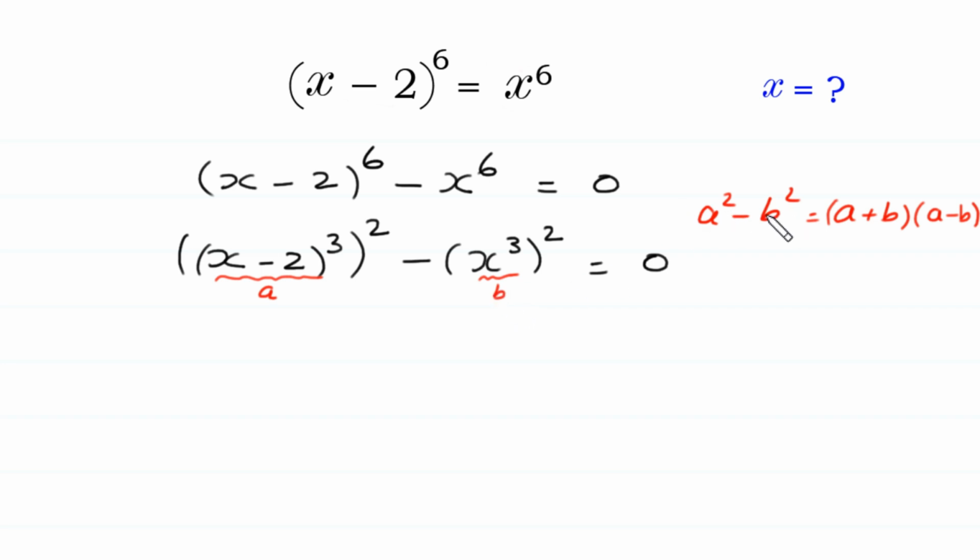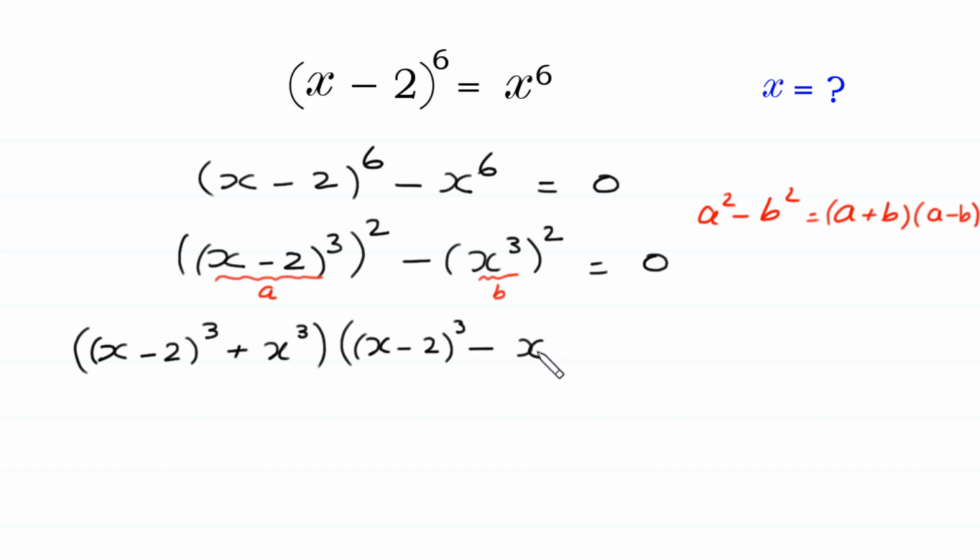So according to this identity, we can write this expression as ((x - 2)^3 plus x^3) times ((x - 2)^3 minus x^3) equal to 0.